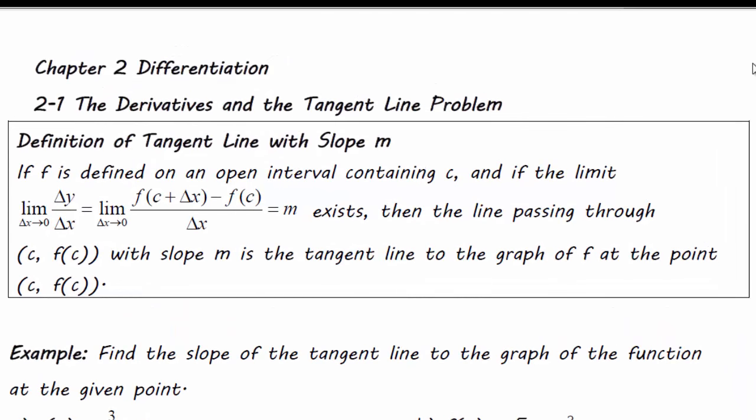If f is defined on an open interval containing c, and if the limit as delta x approaches 0 of delta y over delta x equals the limit as delta x approaches 0 of f of c plus delta x minus f of c all over delta x equals m exists, then the line passing through (c, f of c) with slope m is the tangent line to the graph of f at the point (c, f of c).